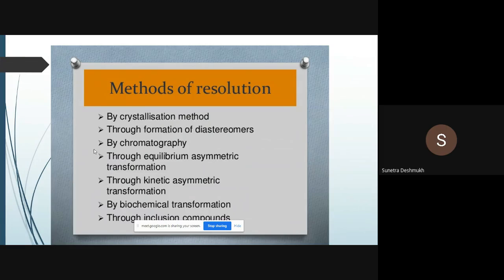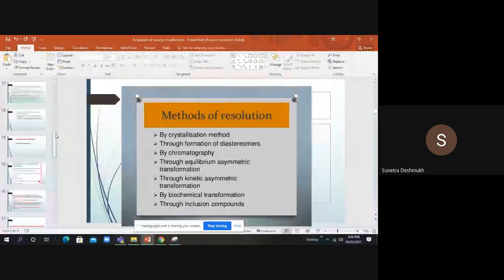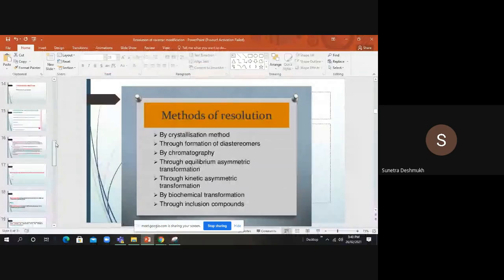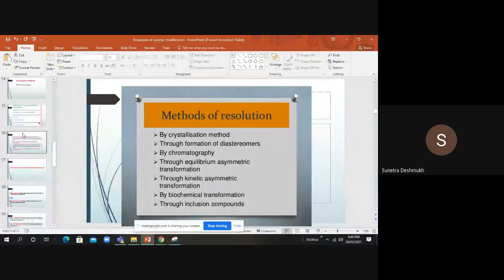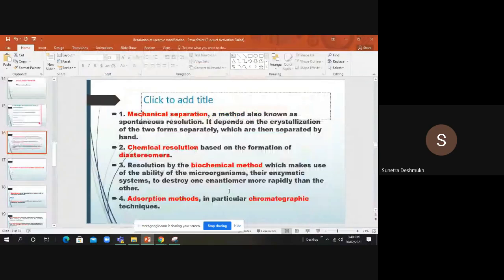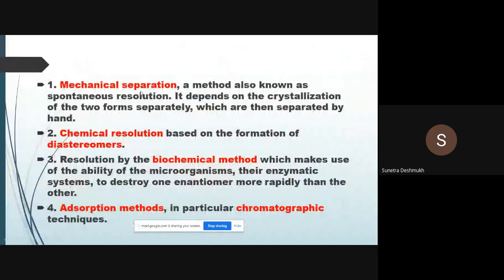So, as we have finished the crystallization method of resolution, today we will start the second method, the formation of diastereomers, which is a very important method of separation. The first one, mechanical separation, was invented by Louis Pasteur, but this method has a lot of disadvantages.